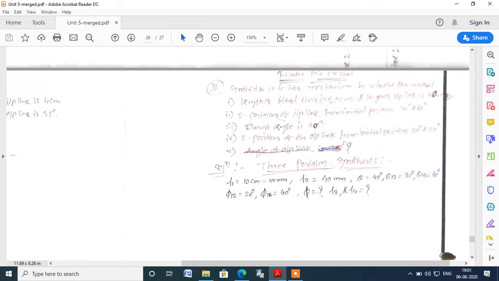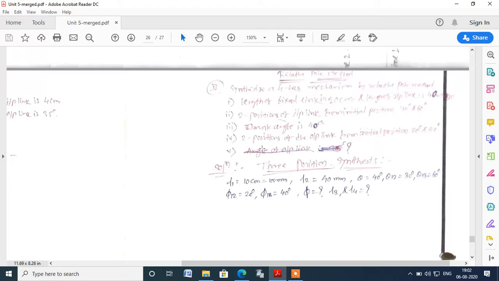using the following data. Number 1, length of fixed link is 10 centimeter and length of input link is 40 mm. Then next, two positions of input link from initial position are 30 degree and 60 degree.